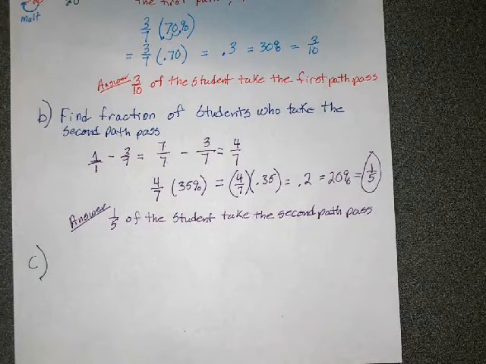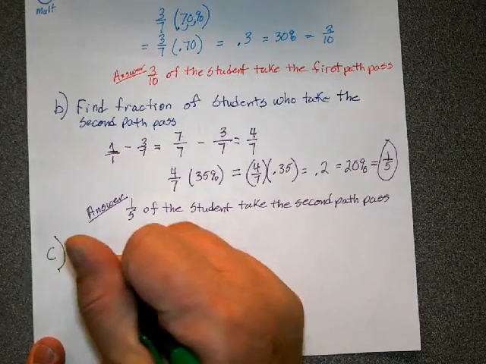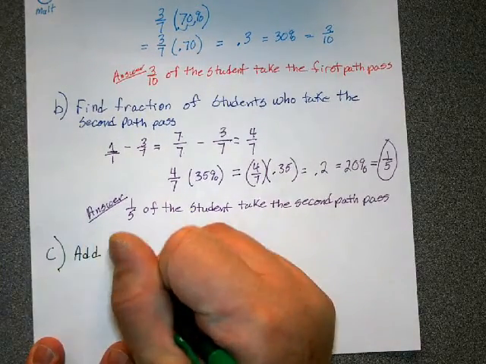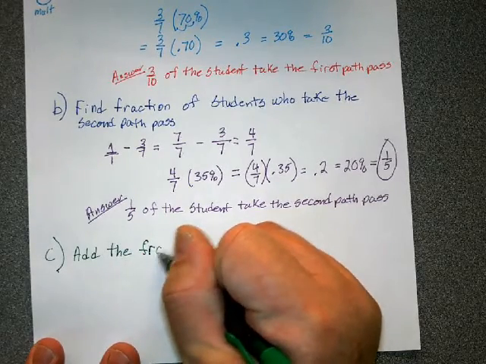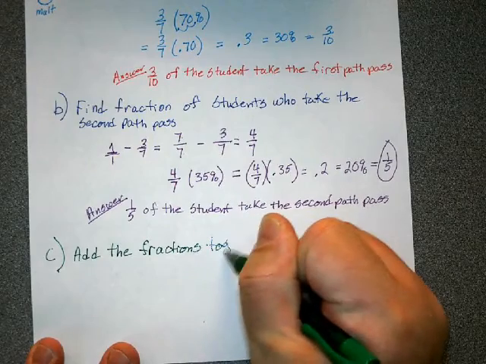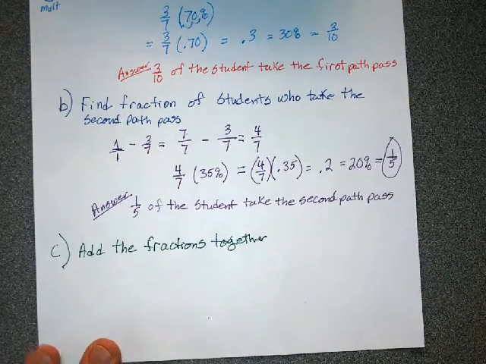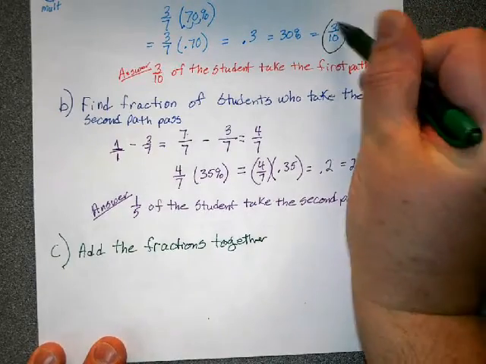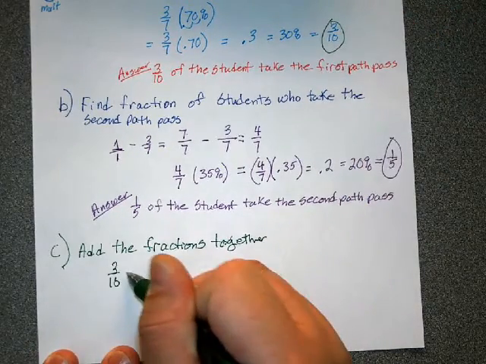Now this is going to be pretty easy, right? C is straightforward. Add the fractions together. Okay, so I have my 3/10 up here, right? So 3/10 plus 1/5.